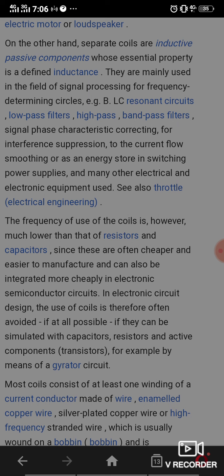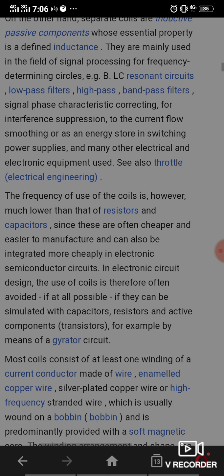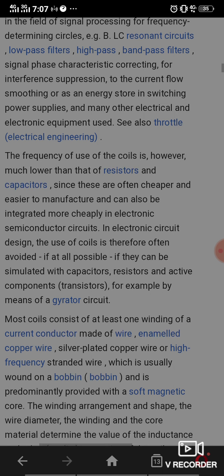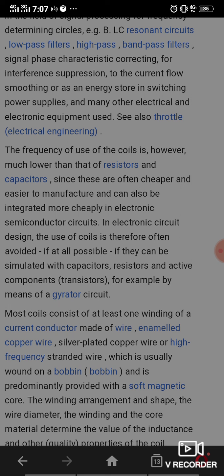In electronic circuit design, the use of coils is avoided if at all possible, if they can be simulated with capacitors, resistors, and active components such as transistors, for example by means of gyrator circuits.